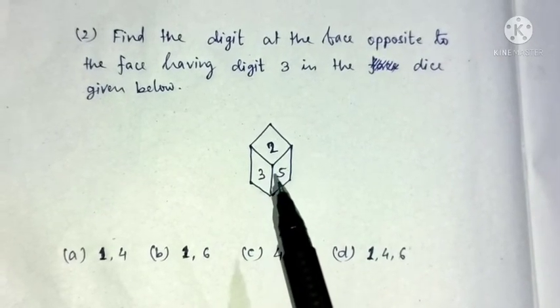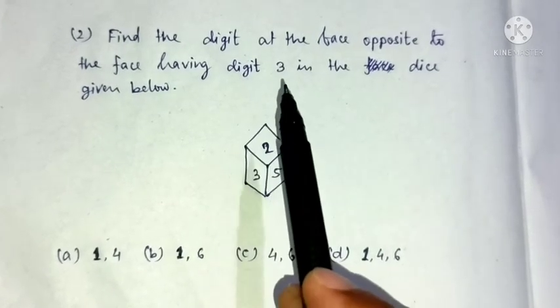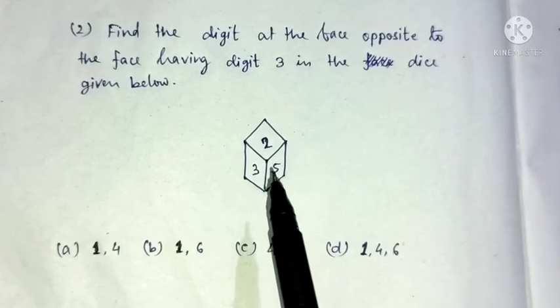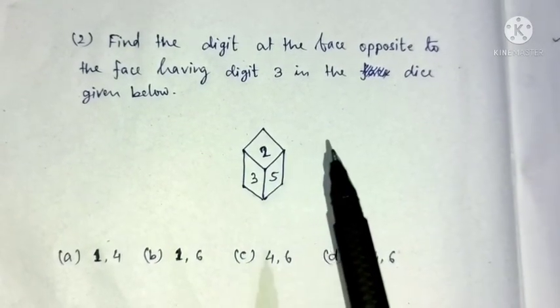And in case of general dice we cannot decide the answer directly, so opposite of 3 may be any digit which is not given here. So which are not given here? 1, 4 and 6.